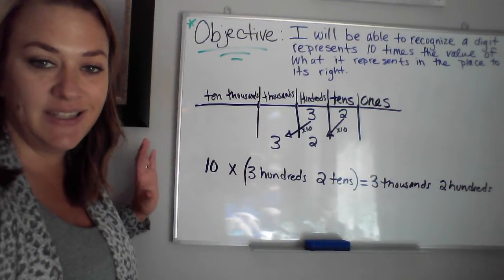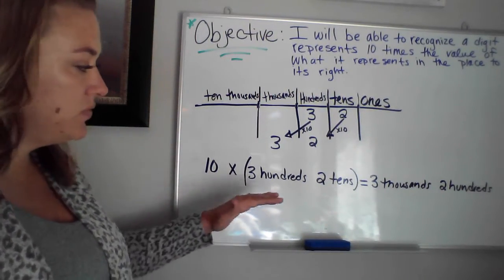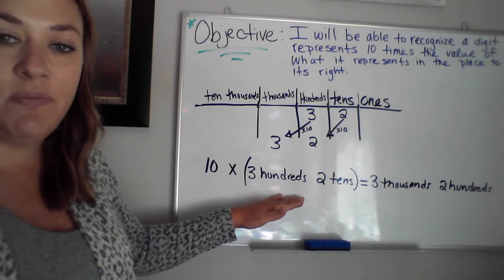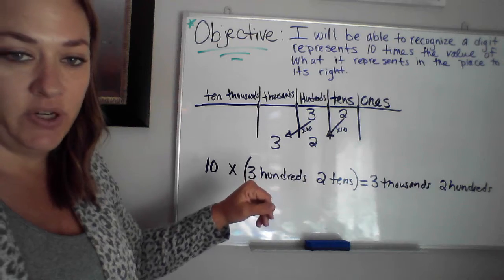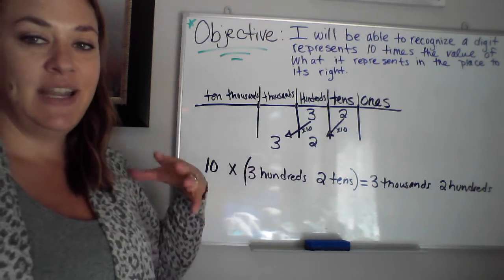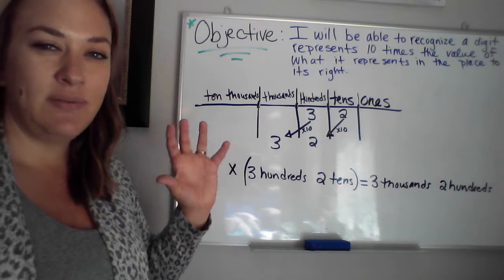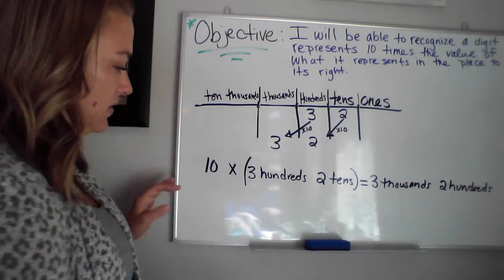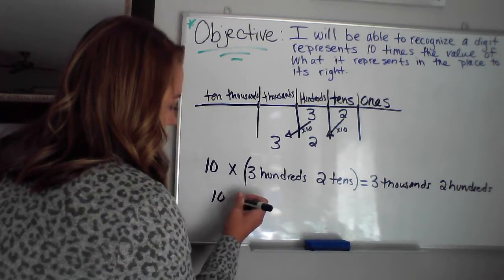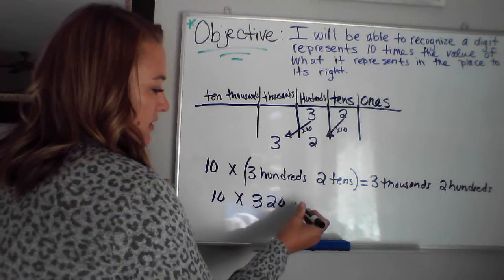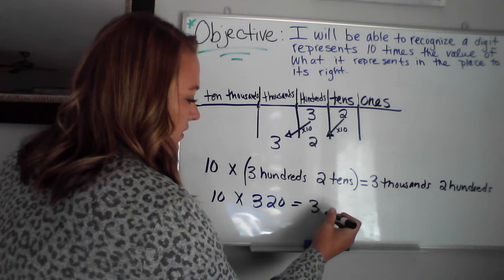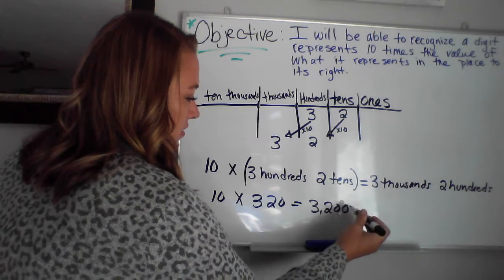And if we were to write this in standard form, right now I'm talking units. So that's why I'm writing out the units. So we have 300s, 2 10s. That's unit form. I can rewrite this in standard form, what we normally see with numbers. So this would be 10 times 320 is equal to 3,200.